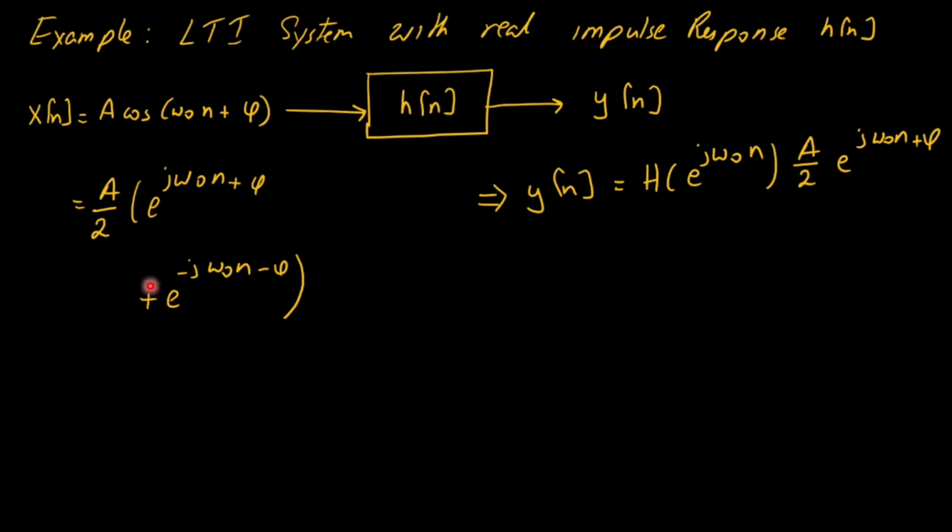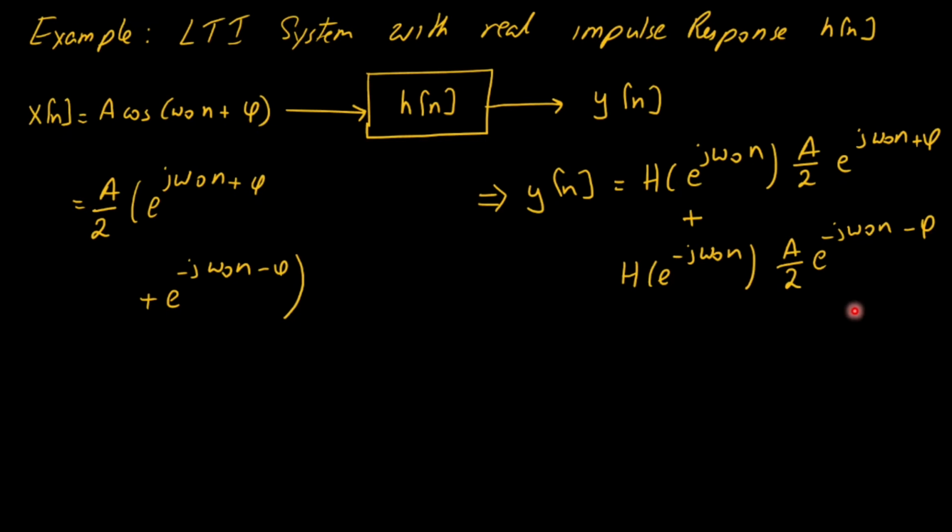Plus, because of the superposition theorem, now this again would come at the output, and we would have A by 2 times the eigenfunction, and then the eigenvalue. The exponential has a negative power, so the eigenvalue or the frequency response has an exponential which has a negative power.